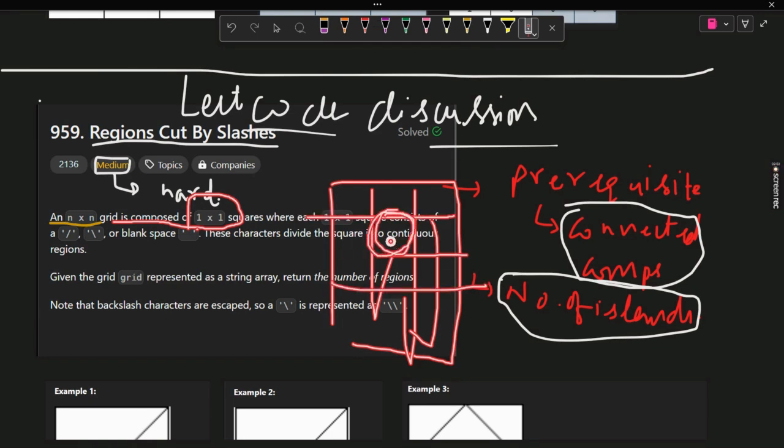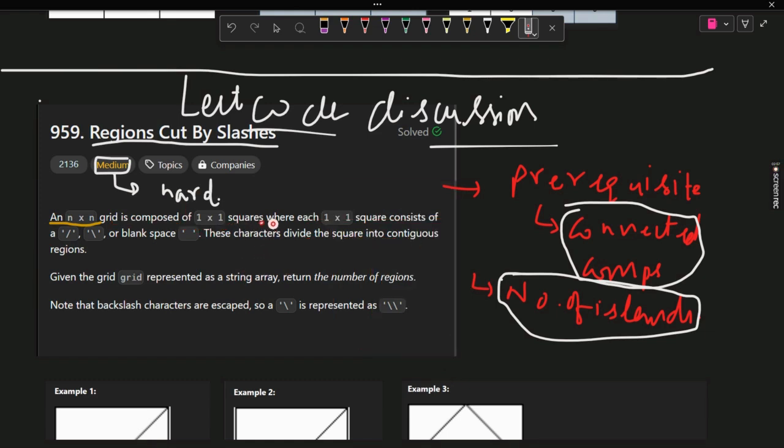Each 1 cross 1 square consists of a forward slash or a backward slash or a blank space. These characters divide the square into contiguous regions. Given the grid represented as a string array, return the number of regions.